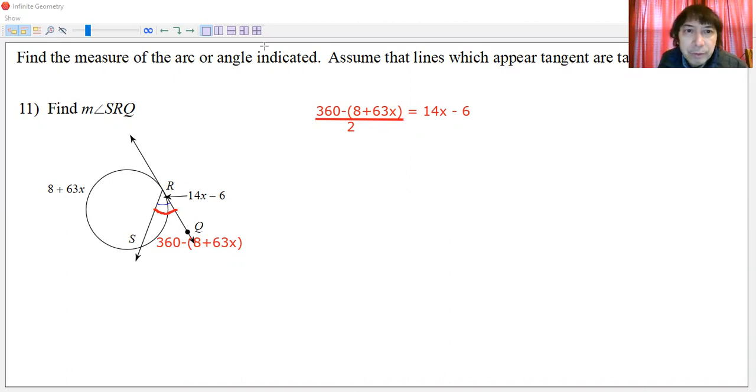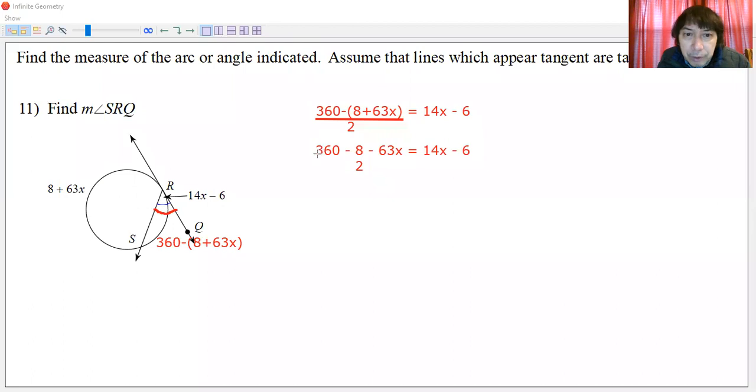This will continue with 360 minus 8, minus 63x, and this continues with 14x minus 6. We still have to divide the left side by 2. Removing the parentheses will give us minus 8 and minus 63x.